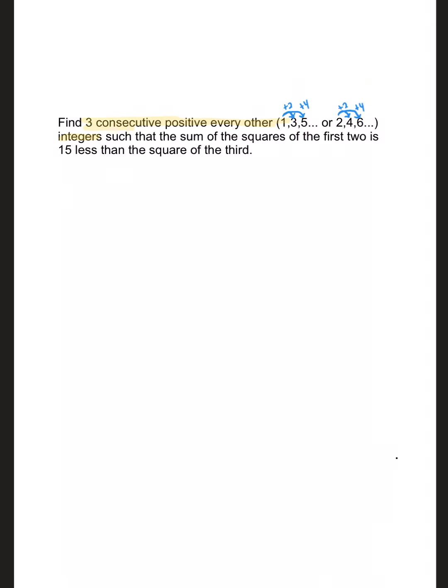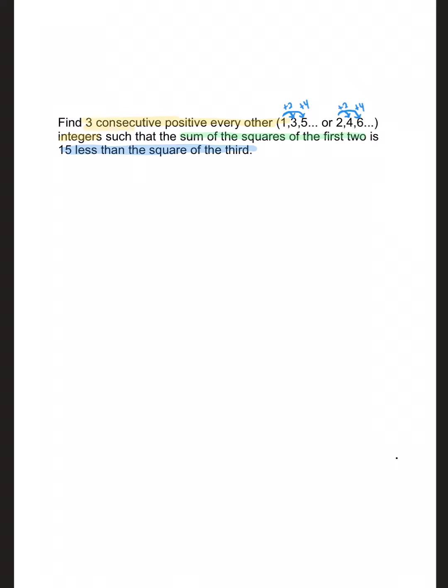So we're trying to come up with these 3 positive every other numbers such that the sum of the squares of the first 2 terms is 15 less than the square of the third.